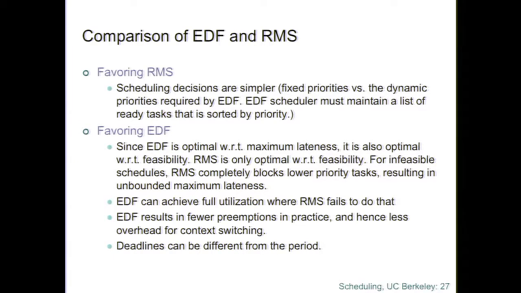But EDF doesn't have that problem. You can show that there exists a feasible schedule as long as your total utilization is 100% or less. As long as your tasks are not trying to use more CPU than you actually have, EDF will yield a feasible schedule, whereas rate monotonic will not.